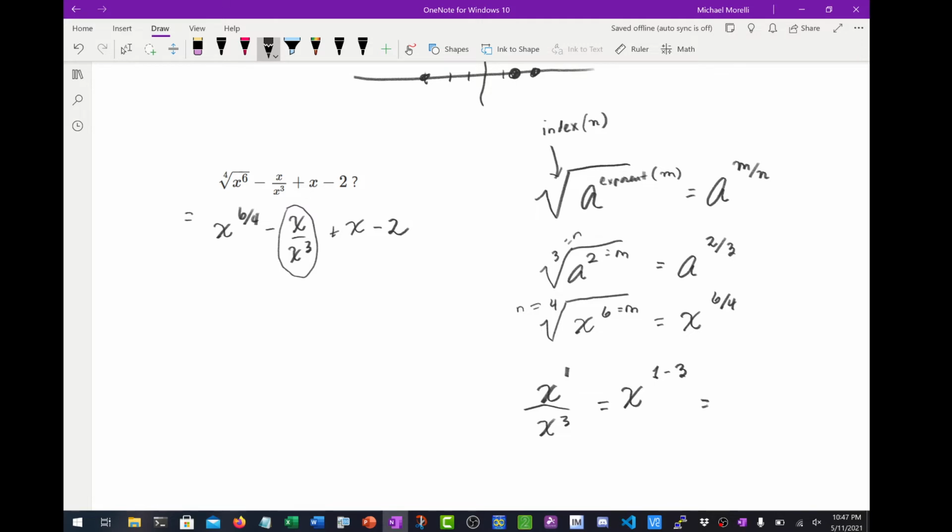So this is going to give me x to the power of -2. So that was the division rule. Now we have x raised to the power of a negative number. So we need to use the negative exponent rule.